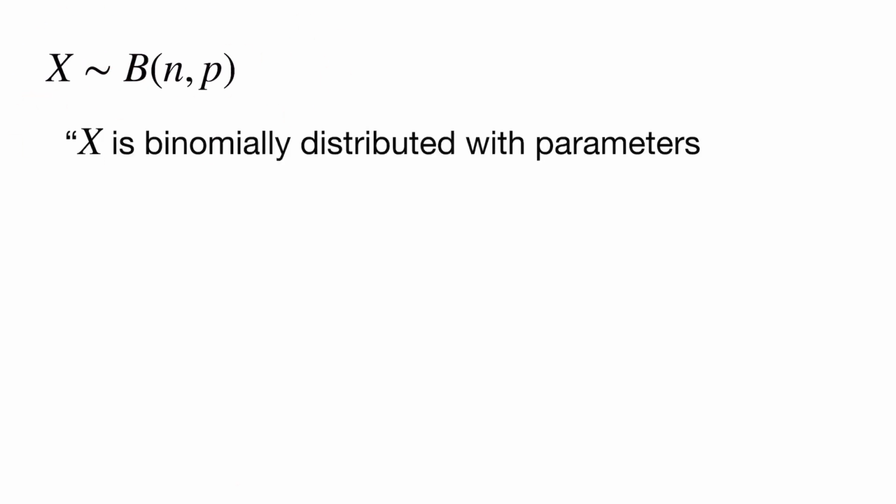How to pronounce this? X is binomially distributed with parameters N and P. This is how we say it. Kalau you tak nak cakap binomially, you may say X has binomial distribution. Same meaning.